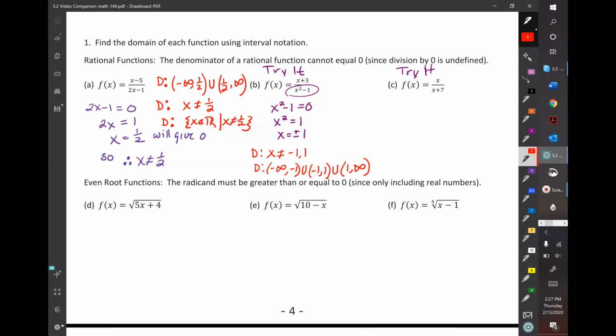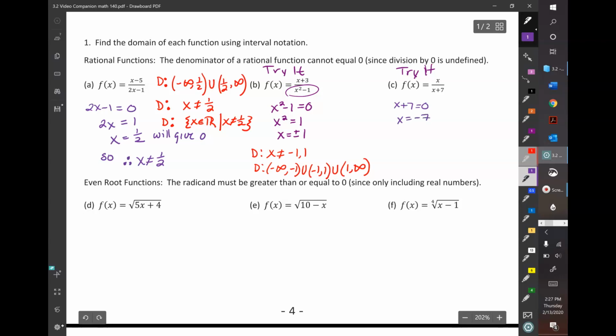You can also do the set builder, like writing x is an element of all real numbers, x not equal to negative 1, 1. That would be along this line, but we usually don't get too formal with it. The other one here, x plus 7 in the denominator, so I want to see when that equals 0, and it would be at negative 7.